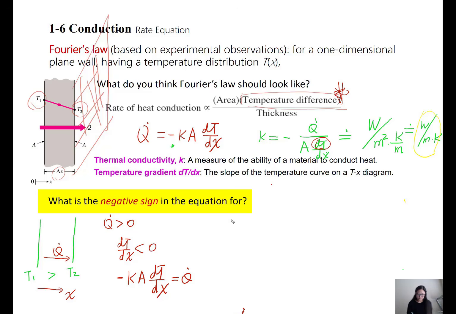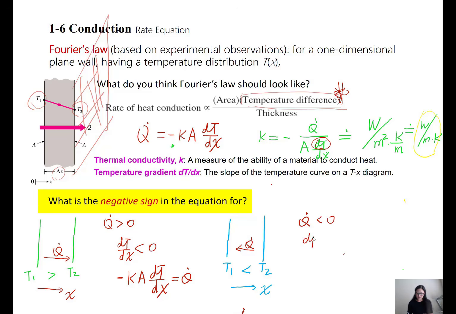Let's look at another case. T1, T2. In this case, T1 is smaller than T2. This is still our x direction. We know again heat moves from higher temperature places to lower temperature places. So heat should move from right to the left. So now the direction of heat transfer is opposite to the direction of x. So Q is smaller than 0.